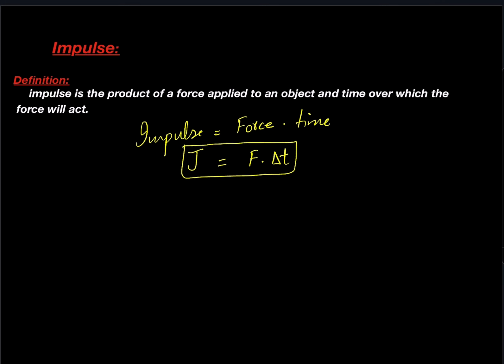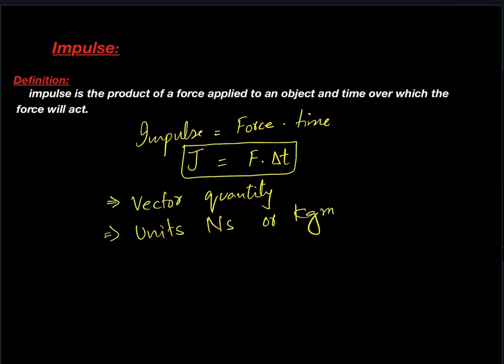In nature, impulse is a vector quantity, so it has direction. Impulse acts in the direction of the force, and the units of impulse are newton second, or it can also be kg meter per second.